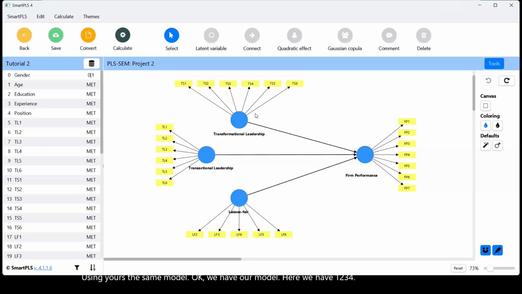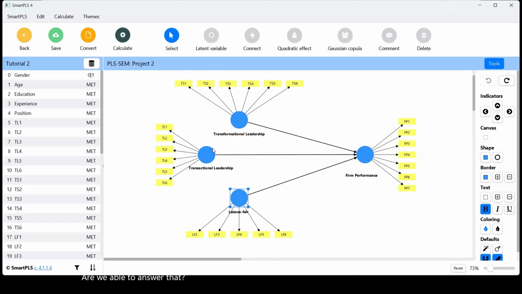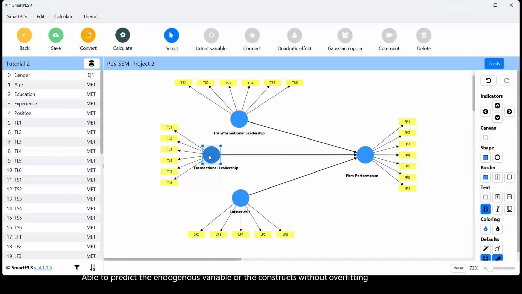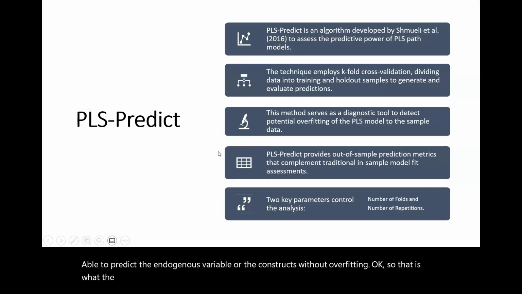If you are to do this same analysis from a different sample, are we able to say that these predictors are able to predict well without overfitting? I don't know if you understand. Are these able to predict the endogenous variable or construct without overfitting? That is what PLSpredict seeks to address.